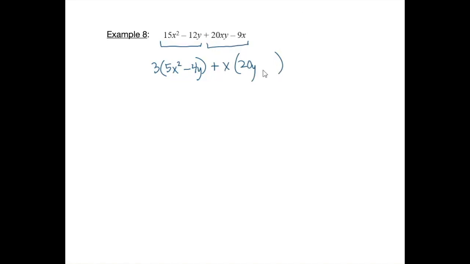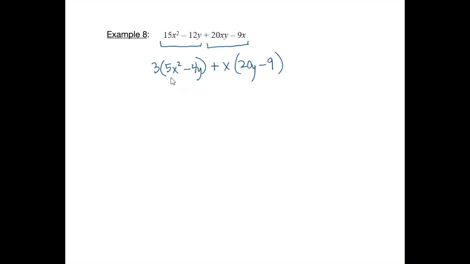So the second term is negative 9. So that gives us 20xy minus 9x. And again, it's very important that you put an addition sign here if you're factoring out a positive factor from these 2 terms, or a subtraction sign if you're factoring out a negative factor.